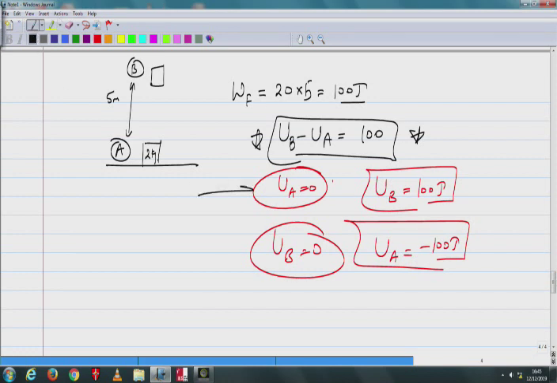In this case, A is reference. In this case, B is reference. We measure potential energy for a point with respect to a reference. Is that clear to all of you?